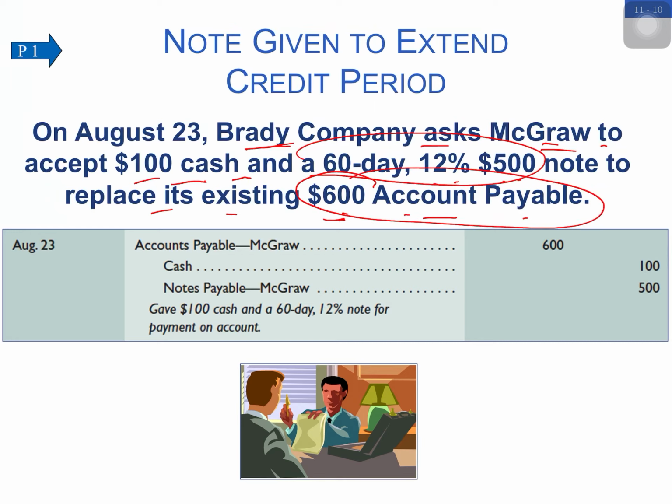But on the deadline, Brady cannot pay this accounts payable. So Brady said to McGraw, I'm sorry, at this date I do not have any money to pay the $600 accounts payable. I only have $100. How about if I give you $100 and then convert the accounts payable to notes payable?